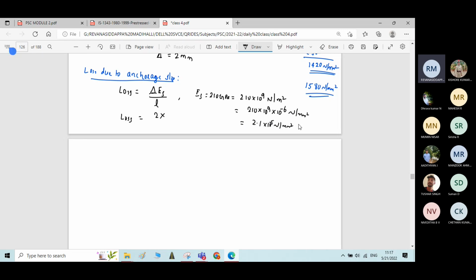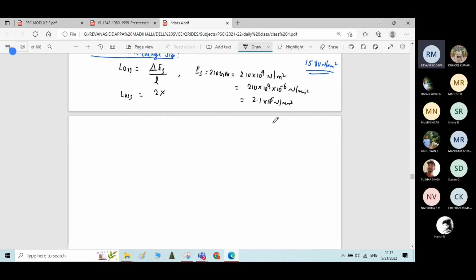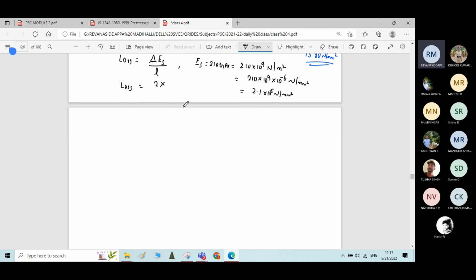Sometimes it will be given. If it is not given, you are all familiar with this constant, 2.1 into 10 power 5 Newton per mm square, divided by the span of the beam, 9 meter. In terms of mm, it is 9000 mm. By this, you will get the loss due to anchorage slip. How much will you get?